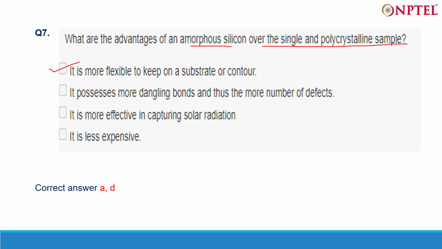It possesses more dangling bonds and thus more number of different... No, it doesn't have more. It is more effective in capturing solar radiation? No, polycrystallines are actually more effective in capturing solar radiation. And it is less expensive? Yes, obviously, because for converting amorphous to crystalline silicon, with the glass transition temperature, you have to perform different treatment processes.